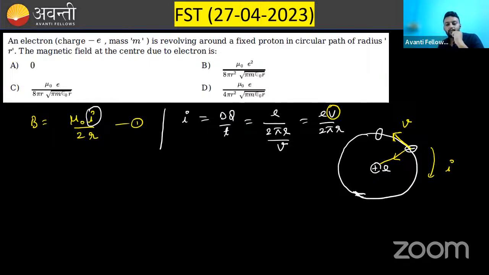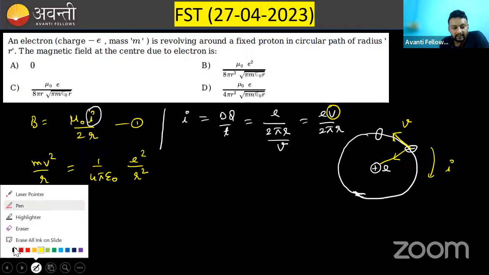So centripetal force mv²/r equals the electrostatic force, 1/(4πε0) times the product of charges, e², divided by the separation r².